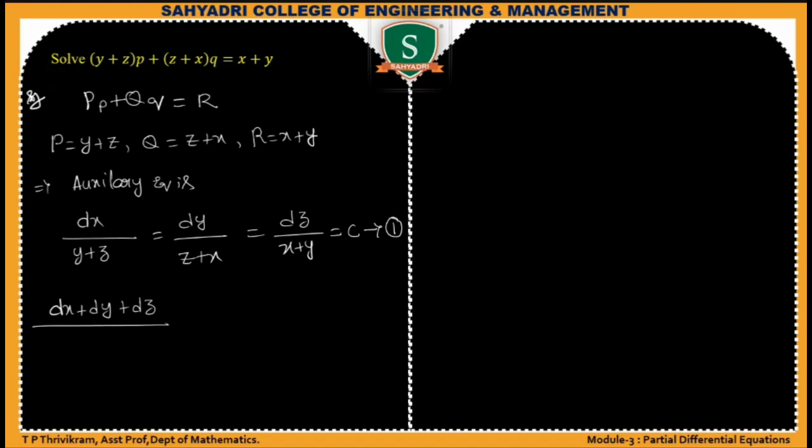You'll get 2x plus 2y plus 2z. This ratio also will be the same. Is it fine? Sum of all the numerators divided by sum of all the denominators. Okay, next.